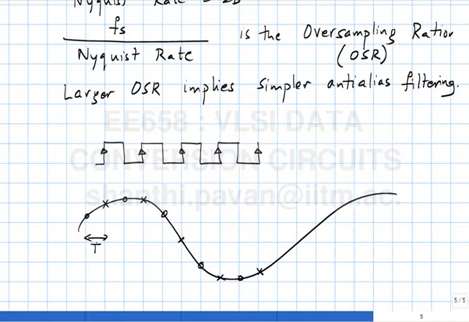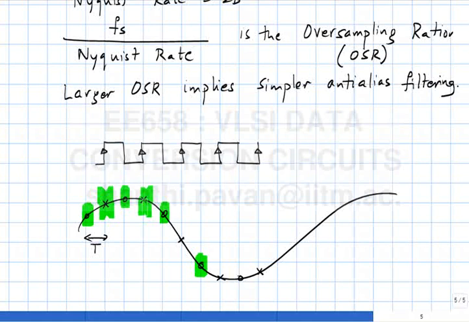My sample and hold, unfortunately, is a lazy bum and can only do it every 2t seconds. So then what do I do? I can put two sample and holds. One sample and hold is sampling at a rate of 1 over 2t. The other sample and hold is sampling at a rate also 1 over 2t.